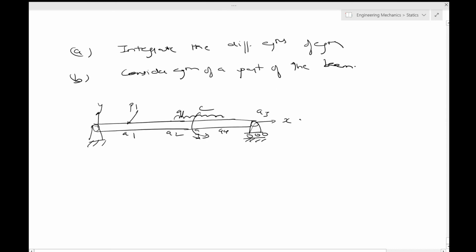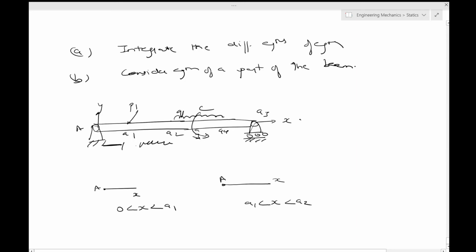So for example, if this is A, you can have from A to x such that x is less than A1, so you are somewhere around here. Then the other you can draw is from A to x where x is greater than A1 and smaller than A2, between this segment.